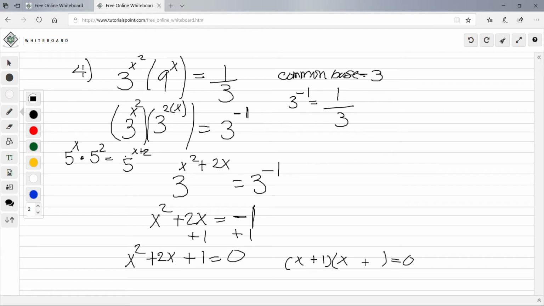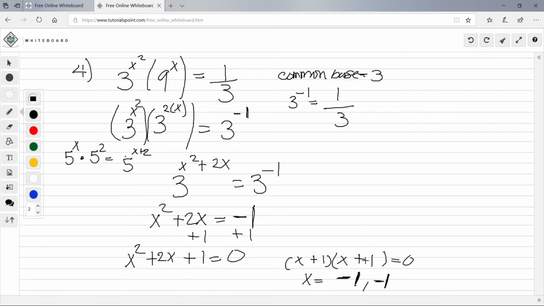Plus 1 and plus 1, right? 1 times 1 is 1, 1 plus 1 is 2. So we get two answers: x equals negative 1 and negative 1.